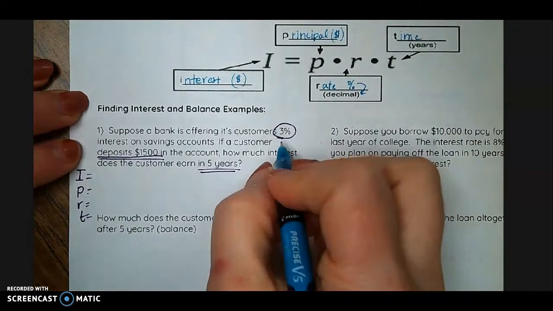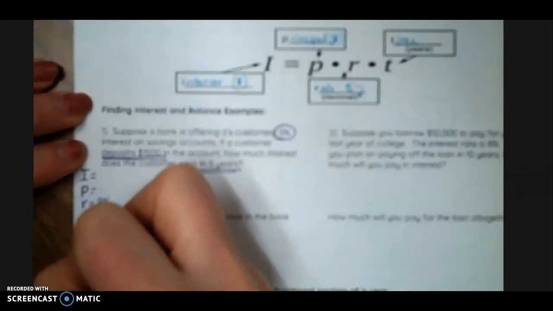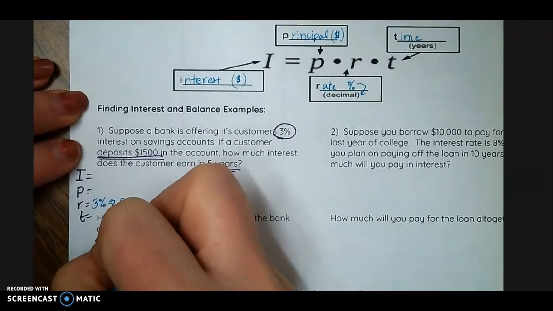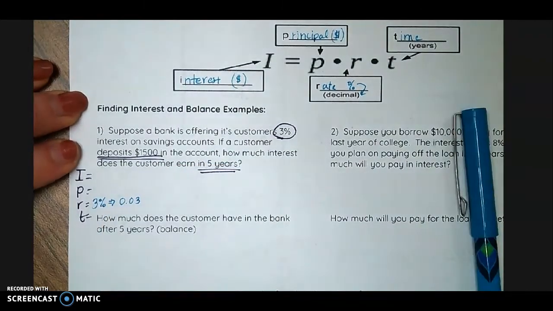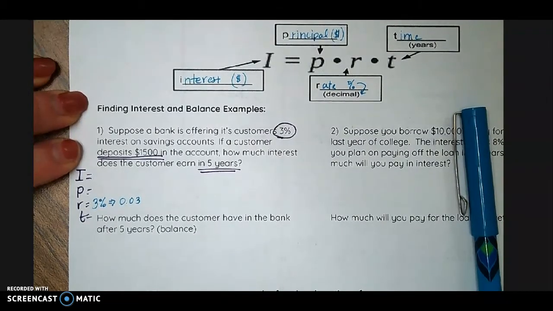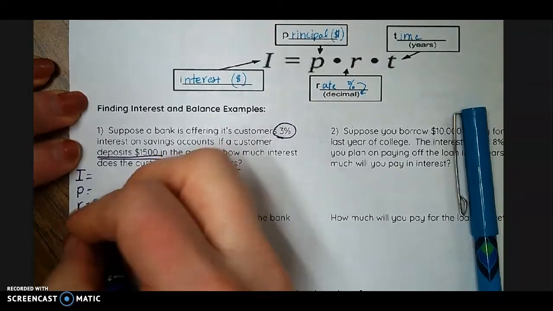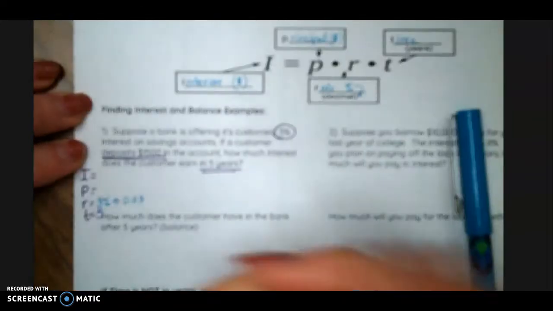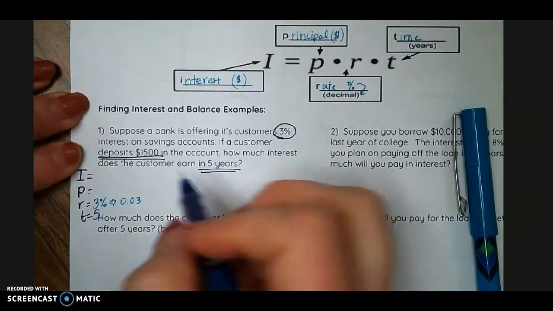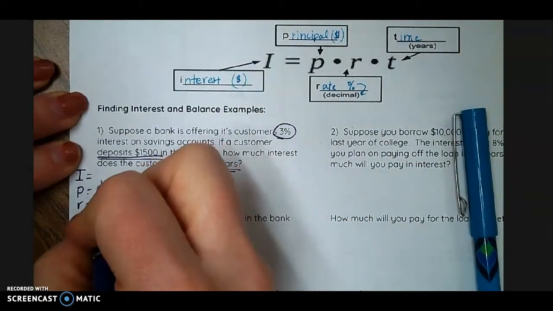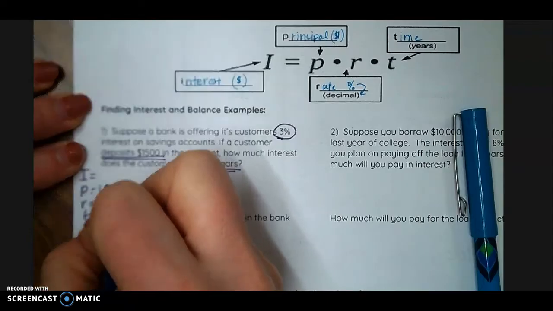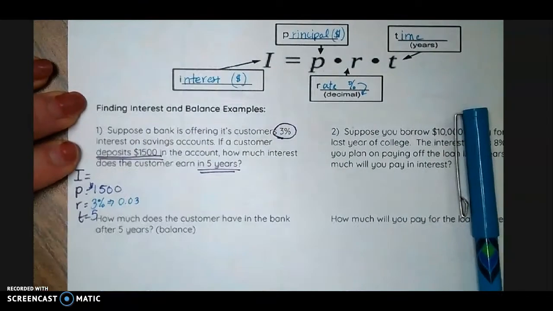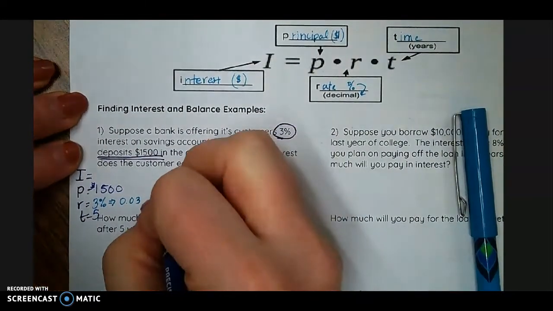Well, I know the percent is going to be my rate that I then have to think of as a decimal. I also can look at this and see that 5 years, well, that has to be my time in years. Now that $1,500, that is the amount of money that I'm putting into the account, so that's what I'm starting with. So that's my principal. So I'm looking for my interest.